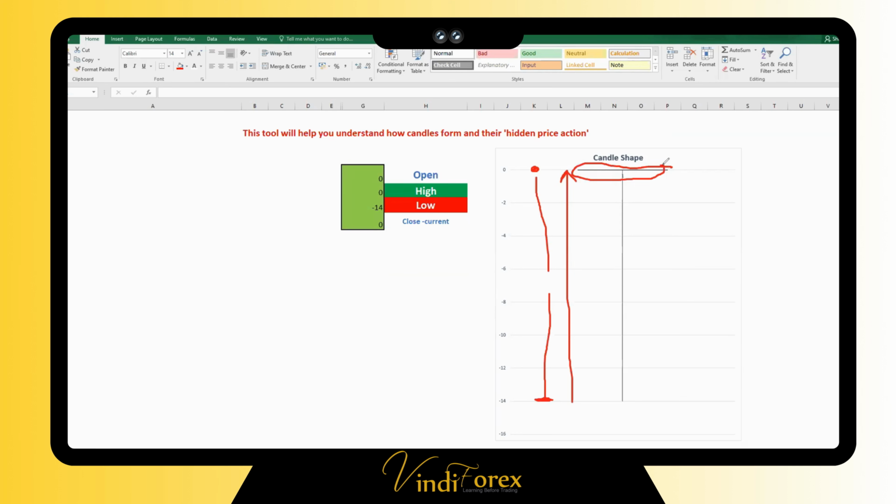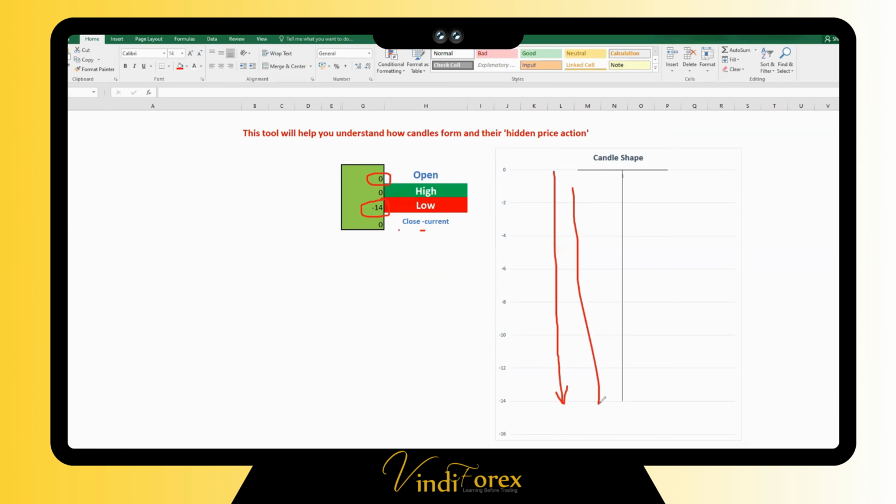I think if you have done candlesticks, this is called the dragonfly something. The name doesn't really matter as long as you're able to tell a story. So where did it open? It opened at zero and then it pushed down to create a low of 14. But before it could close, it went back up to close where it started. And there's no body. So what is happening there? The body is zero. There's no body.